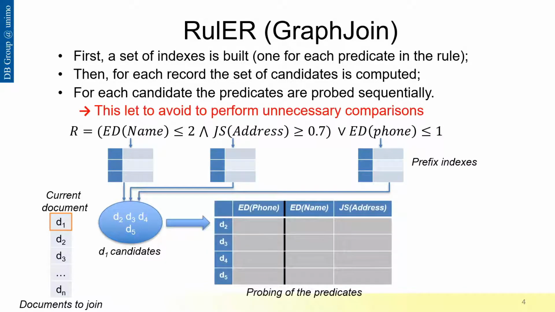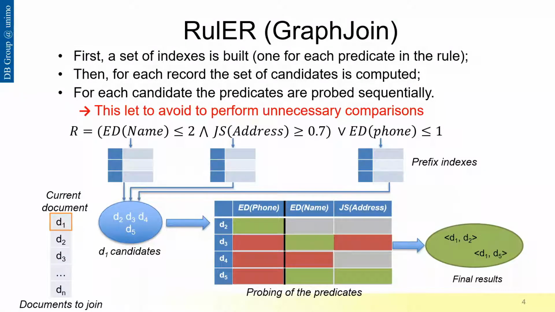Then, for each candidate, the predicates are proved sequentially. For example, the pair d1 d2 is proved for the first predicate, and since it passed, the others are skipped, and so for the other predicates. At the end, this led to perform less comparisons with respect to the join chain implementation.